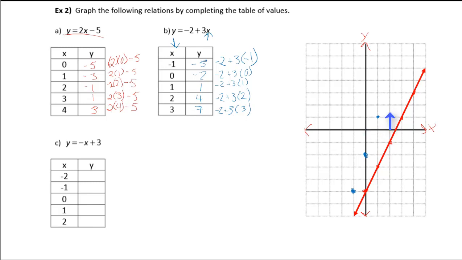So at 2, 4. And then at 3, 7, up here. Then you're going to draw a line through these points. Remember, line up the first and last points to get the highest accuracy, then put arrowheads on each end. So I'm going to do that now.